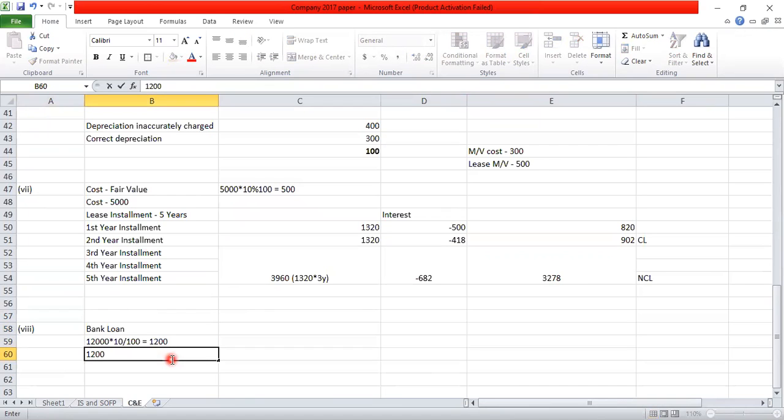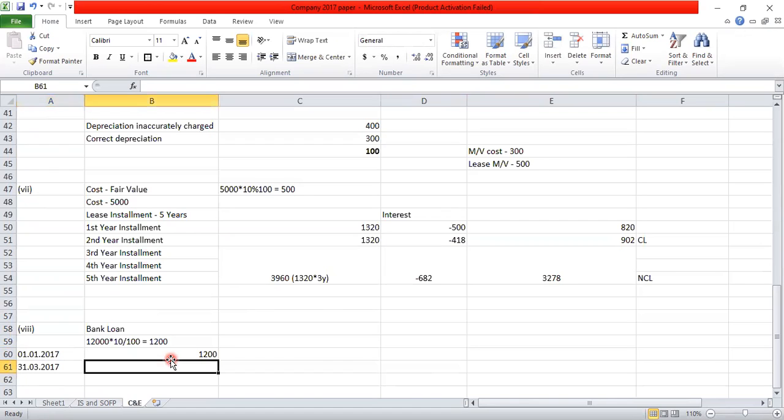1,200 into, because they started this bank loan, I remind you, on the first of 2017. So first 2017 to 31st 12, I mean 2017, how many months is it?